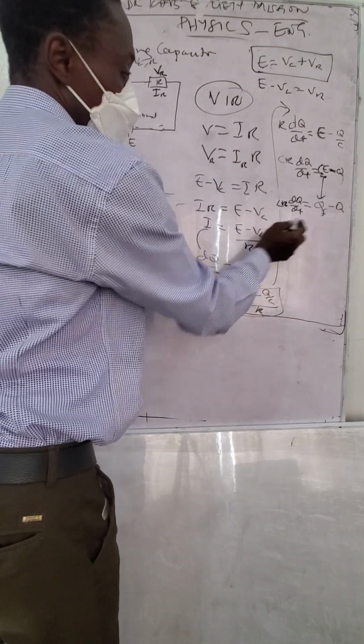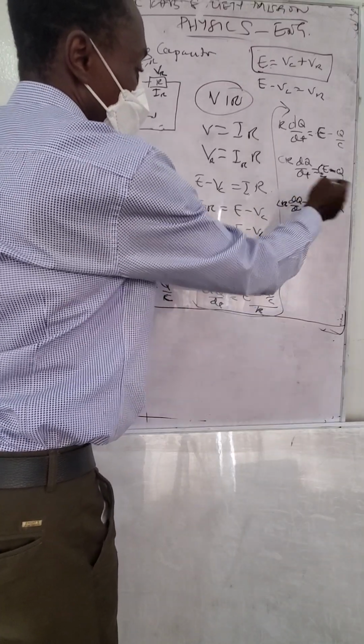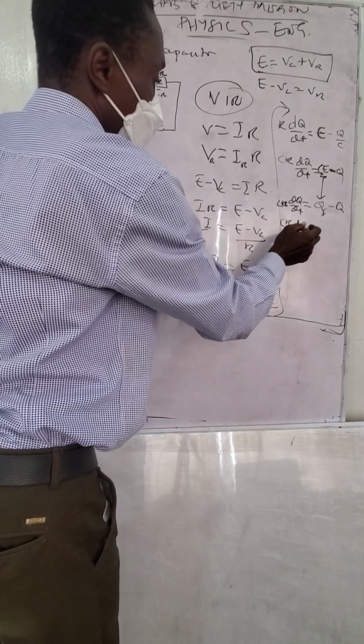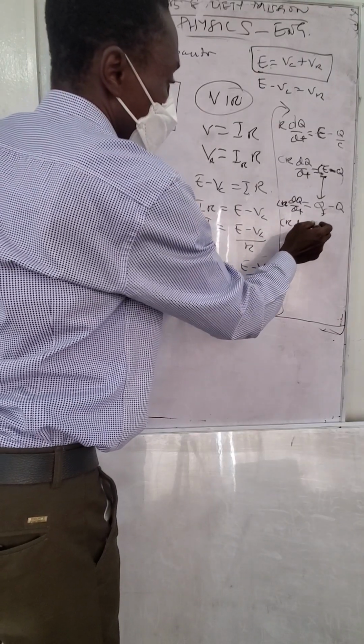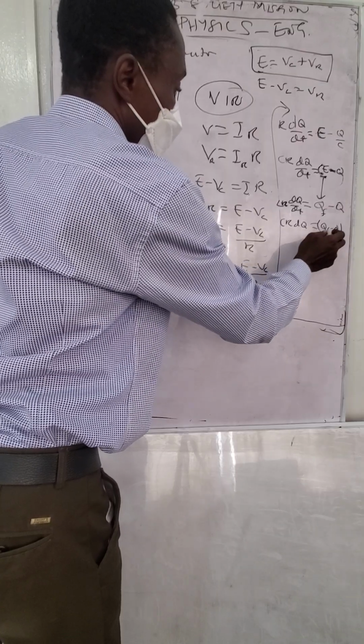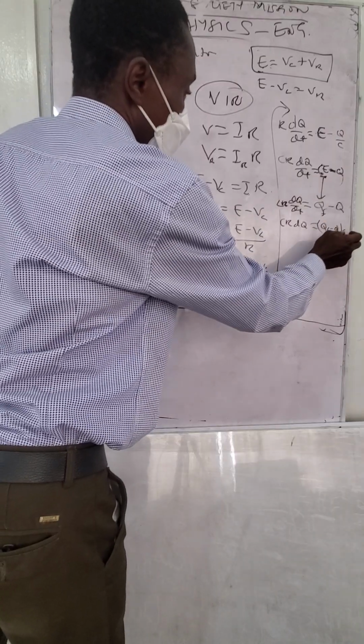Now if we have this, we can send the equations over. So we can say CR dq is equal to Q final minus Q, dt. Dt was dividing, so it will come and multiply.